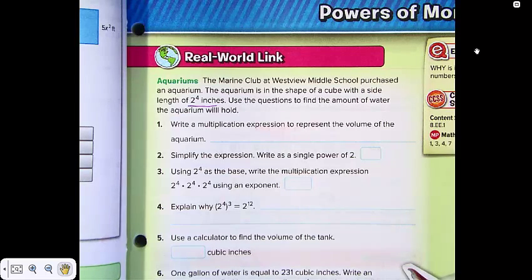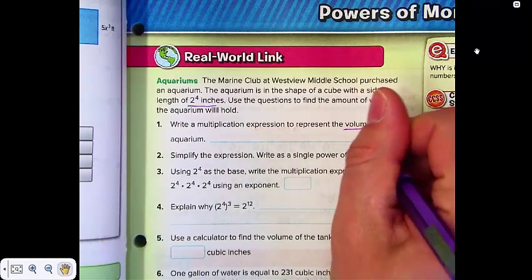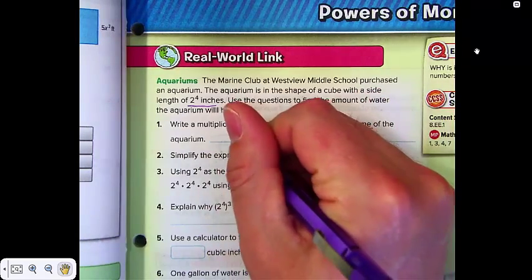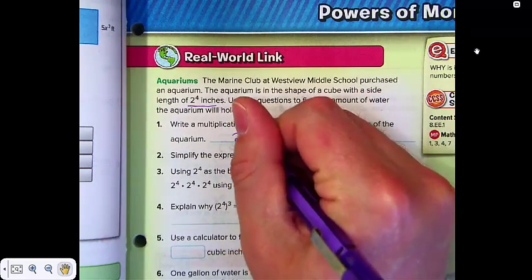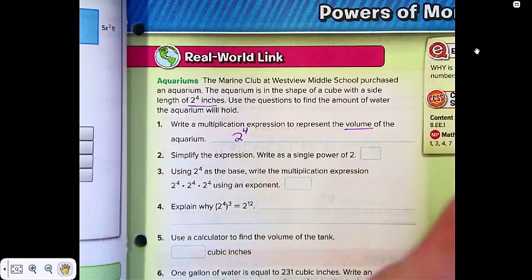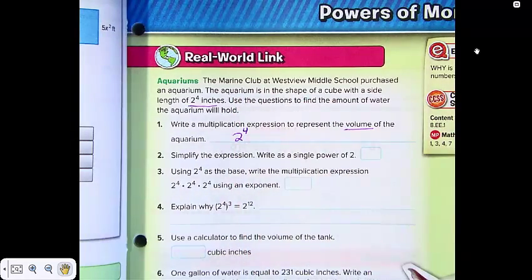It says number 1, write a multiplication expression to represent the volume of the aquarium. Well, we know it's a cube, and we know we're finding volume, so we know the length is 2 to the 4th power. What do we know about the sides? A cube is basically just a 3D square, and all the sides are the same.